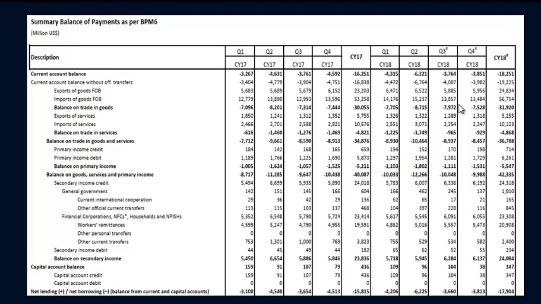Mostly it's foreign aid and coalition support funds, which is basically money that was being paid for the Afghan war. So 40 billion and then minus 25 billion plus, and that leaves us a net negative about 16 billion. That's our balance of payments.